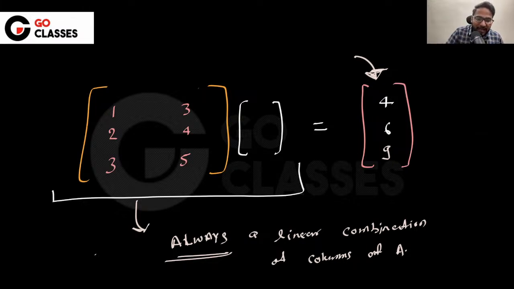So this line is extremely powerful. In GATE also they have asked this line 2-3 times in one way or another. I will show you the GATE PYQs now, but for that I need to build some basics first.